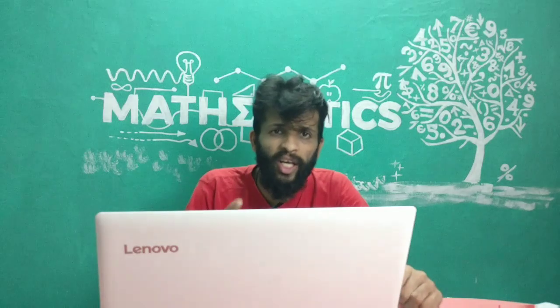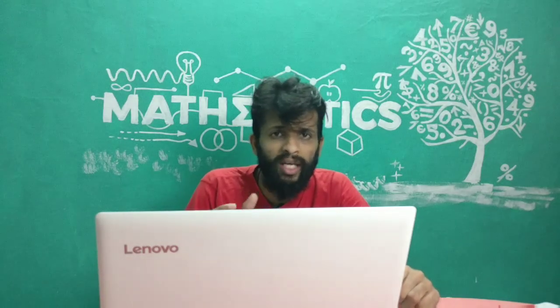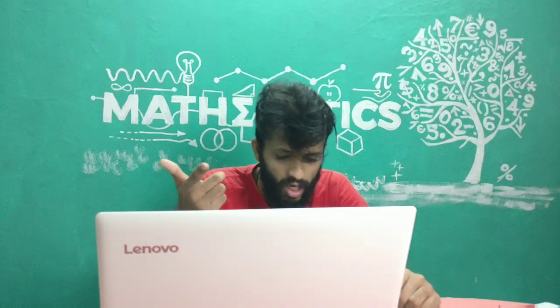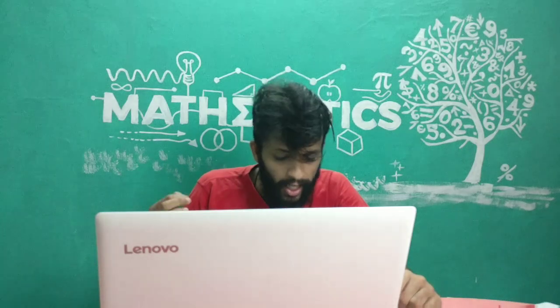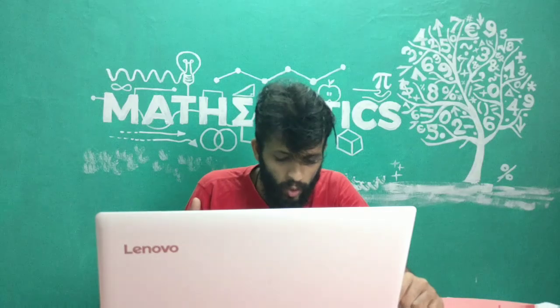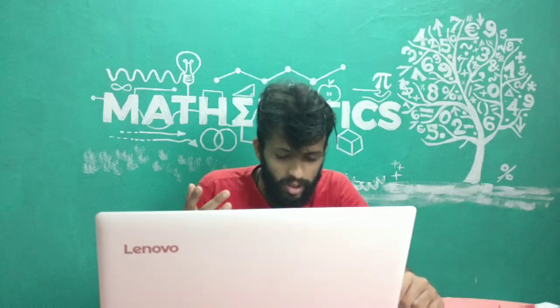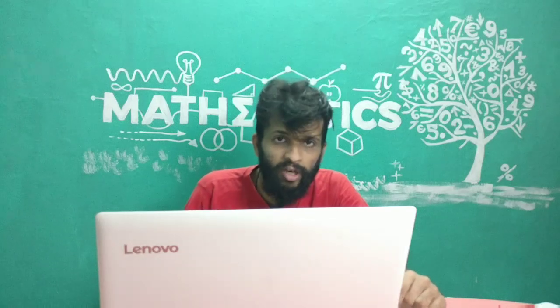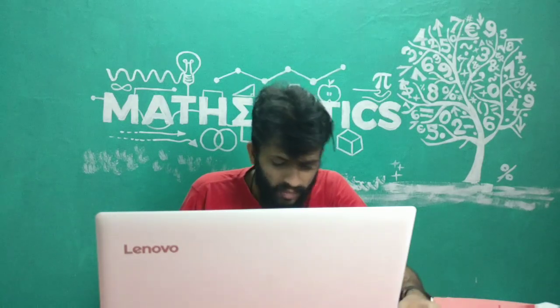So you can directly find out area of trapezium minus area of circle, and when you do that, you will get the area of the shaded region. So the answers for those questions are: area of trapezium is 63 centimeters square and area of circle is 38.5 centimeters square. And when you minus these two numbers, you get the shaded region to be 24.5 centimeters square.